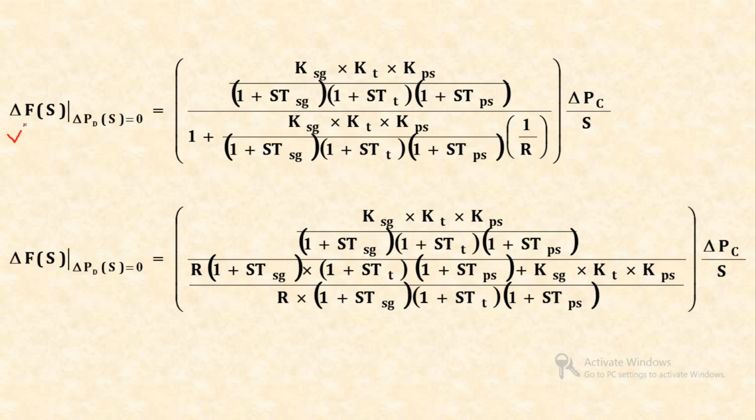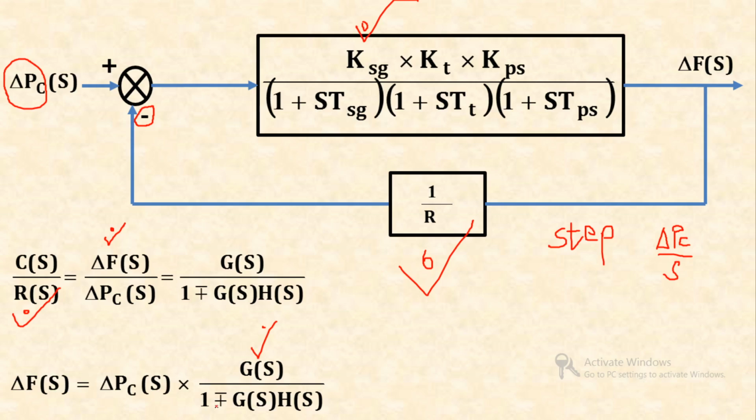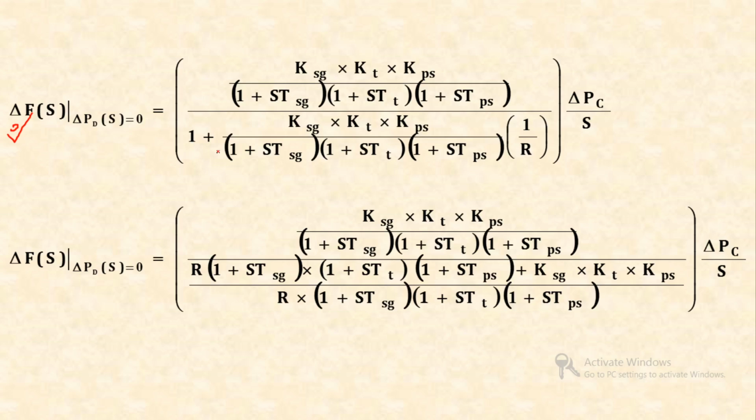So delta F of S when demand is equal to 0 is equal to G of S divided by 1, and since the minus sign is already accounted for, we consider the plus sign: plus G into H. This is the value of G and this is the value of H, multiplied by the step input delta PC of S, whose Laplace transform is delta PC by S.